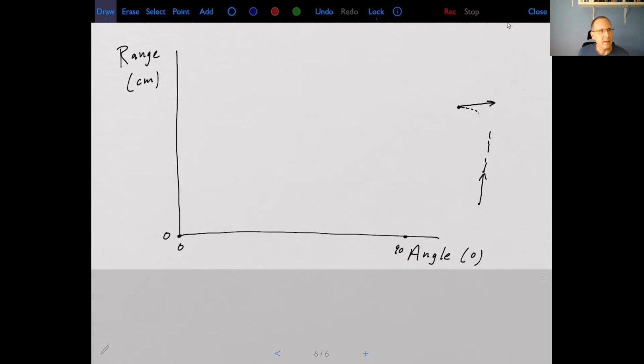You may know this: theoretically, for what angle should the range be maximum if you ignore air resistance? It should be around 45 degrees, right? So your data might look something like this. It won't be exact, but let's say it looks like this.